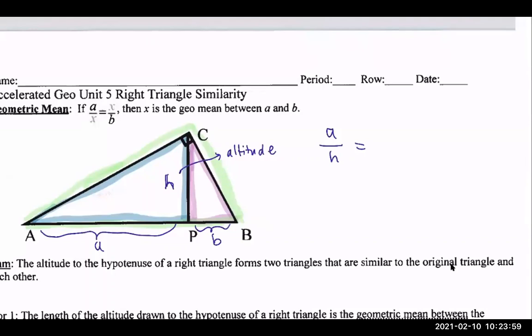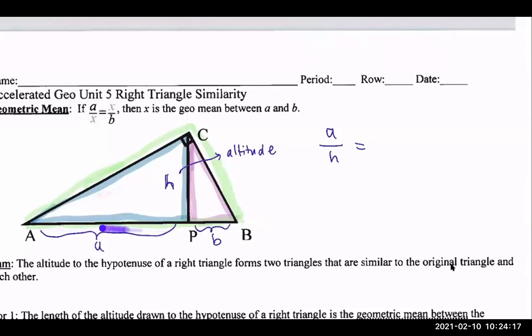What would you describe as the long leg of the pink triangle, the smaller triangle? Okay, H, very good.